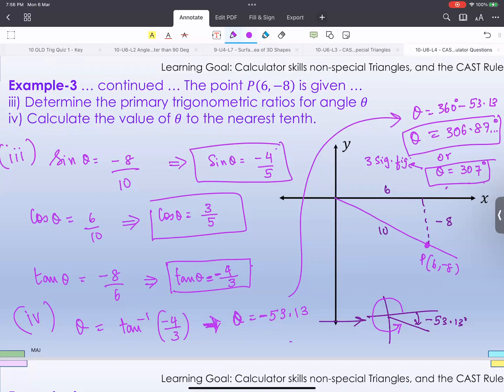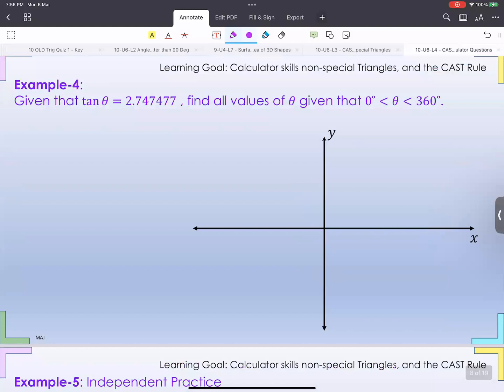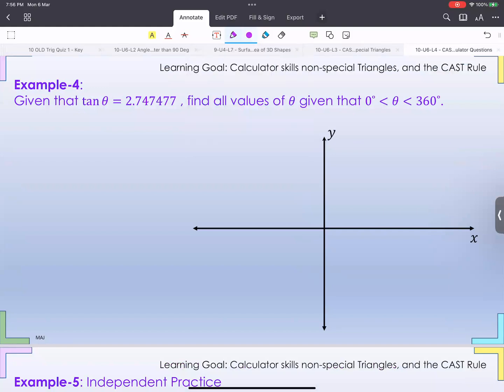All right, on to the next example. The analysis on this question is far simpler than the previous 2 questions, so hopefully we get through this a little quicker. Given that tan theta is 2.74 and so on, find all values of theta given that theta is in the domain between 0 and 360.